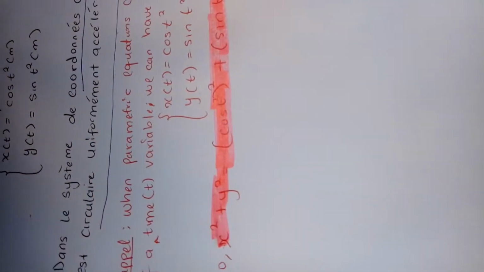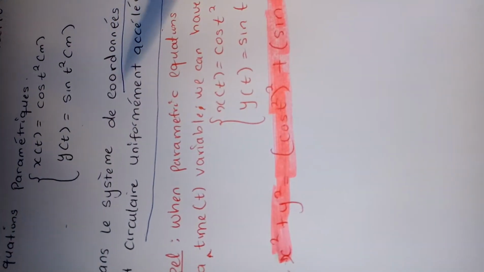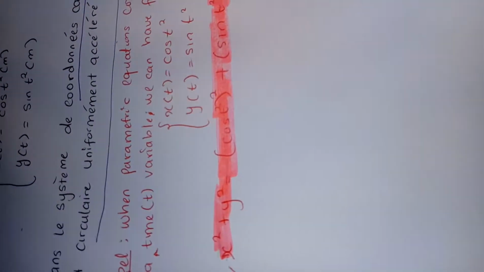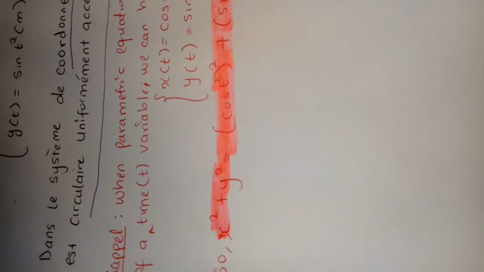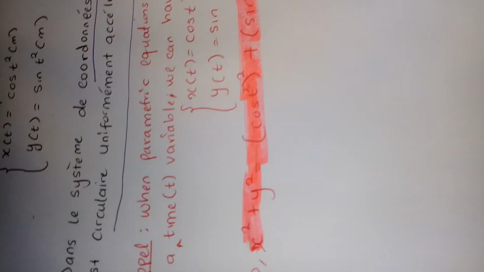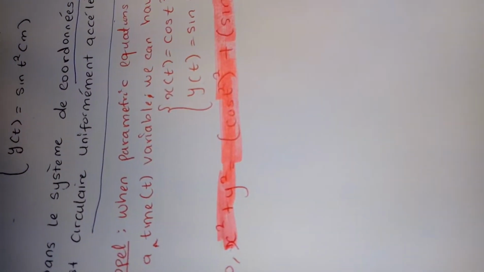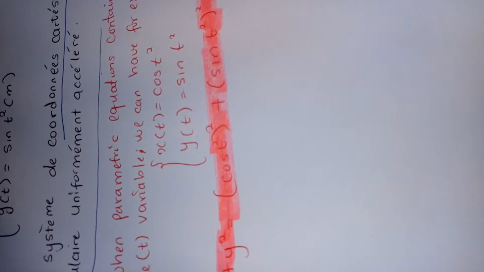Since we are going through the Cartesian coordinates, we're starting from x and y. The next thing we're supposed to do is derive x and y to get our vector vitesse using the Cartesian components. After that, we are going to find the module of our vector vitesse. So let's start with deriving x of t and y of t to get our vector vitesse v.